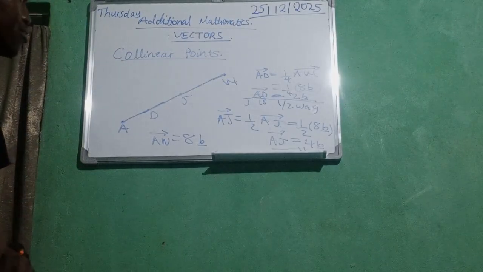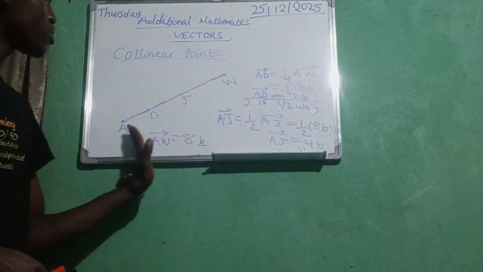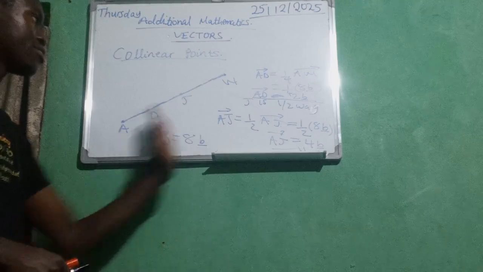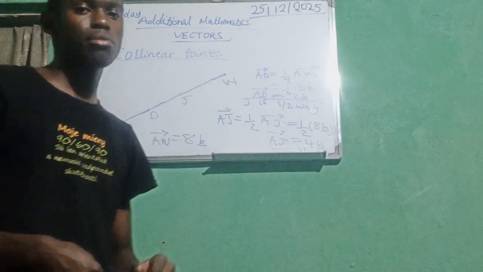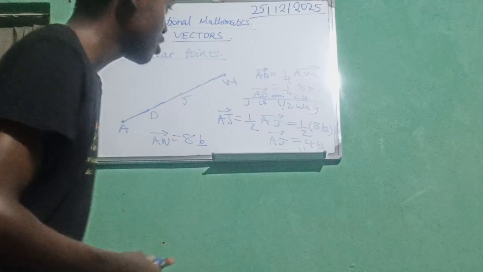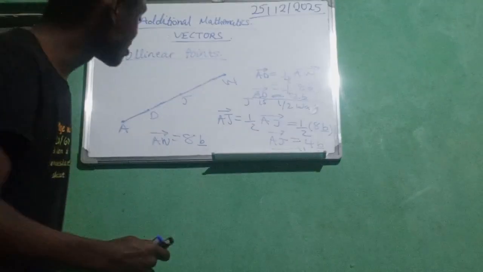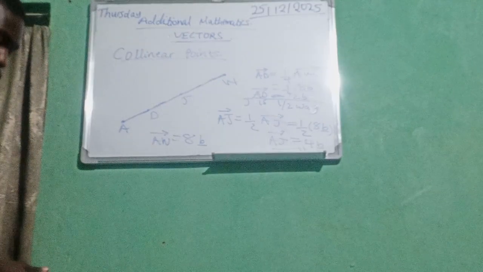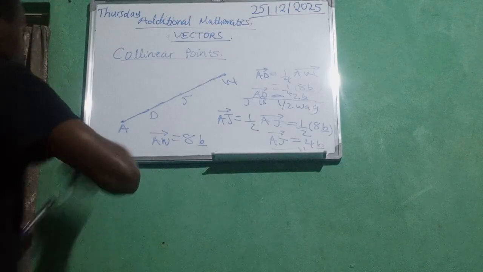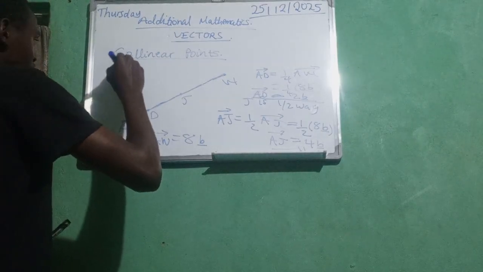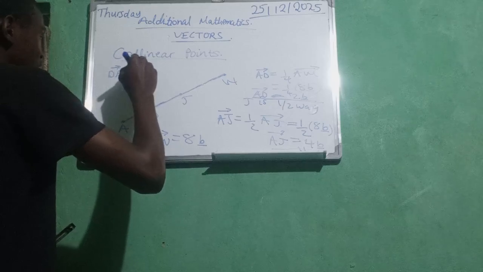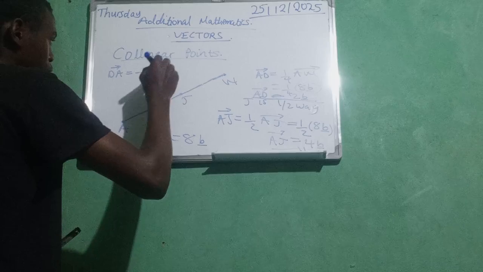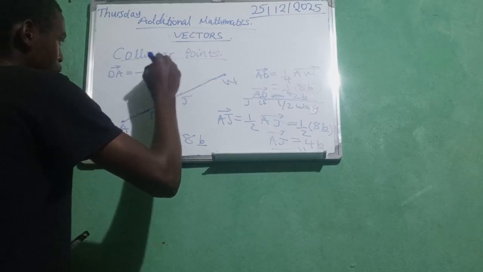So collinear points can be along the same line segment, and they have the same gradient. They are separated by different scalars. They can ask you what DA is. DA means that you are going in the opposite direction. So DA would be equal to negative a quarter of AW.